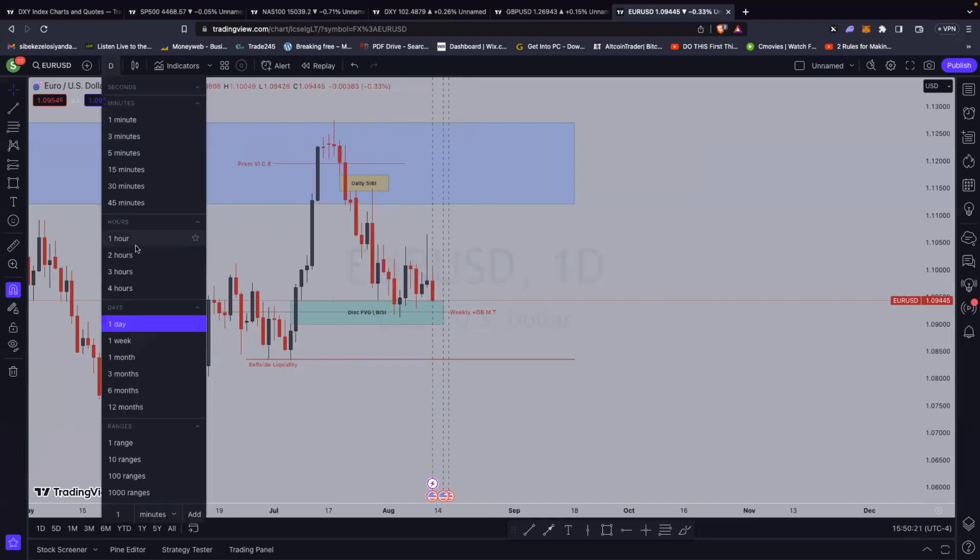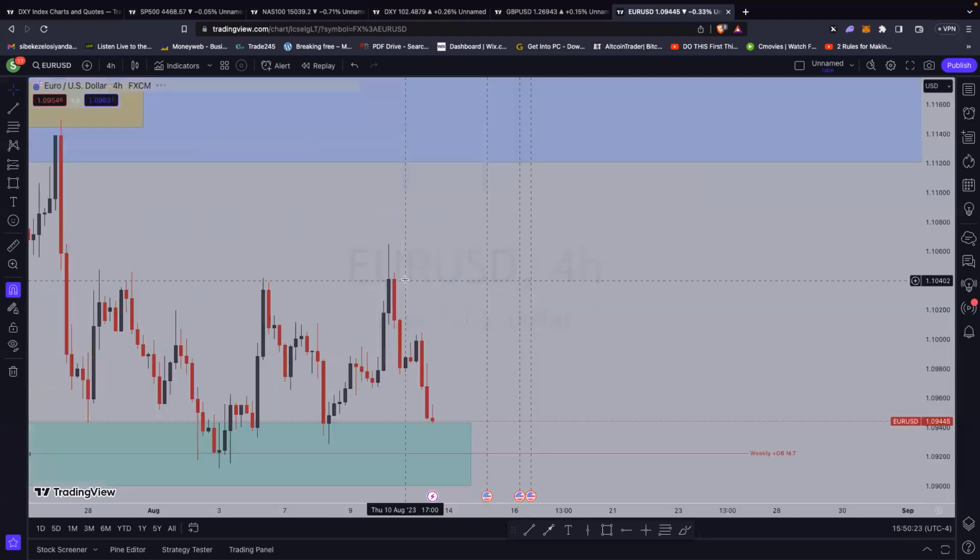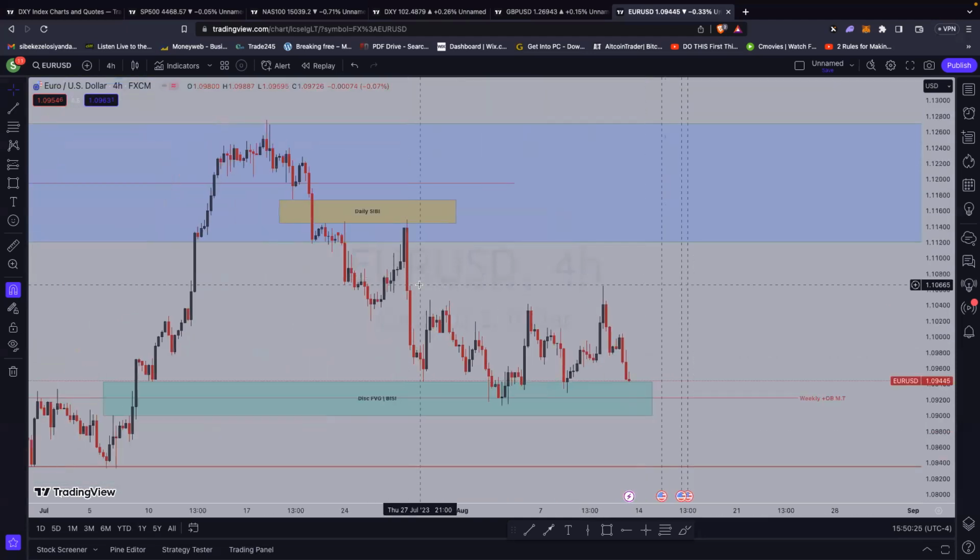Let's go to 4 hour and see if we have any inefficiencies above the highs here that we didn't trade back into. So we have buy side here, and on Thursday, it took buy side, and there was this premium fair value gap there.